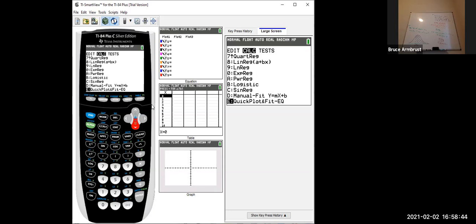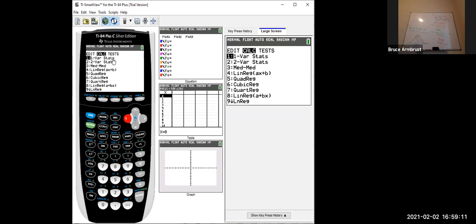Yeah, so we'll see regressions when we get to, I think, chapter 12. So that'll be a while. But if you arrow over, then you see a bunch of things that say tests. These we will also see coming up. Z-test, t-test, prop Z test, all that stuff will make sense later. All right, so right now, the only thing in here that you're going to ever do are one variable statistics.